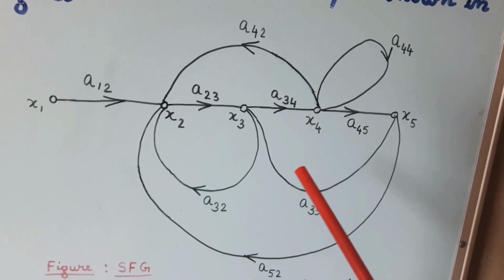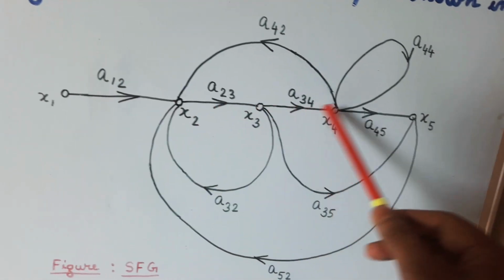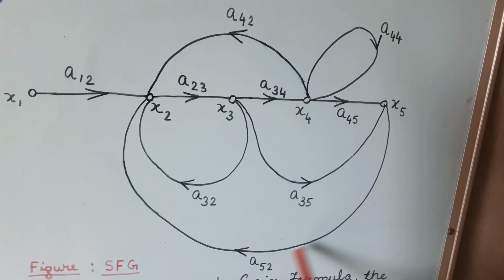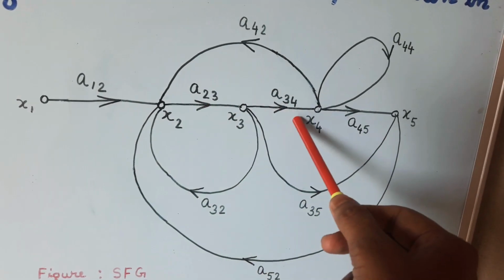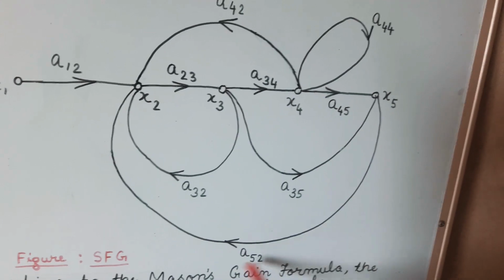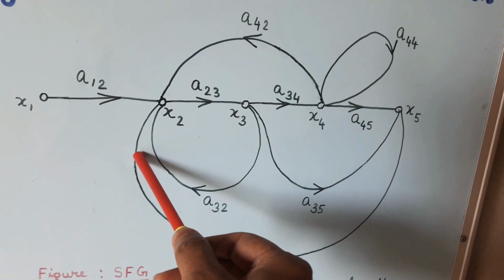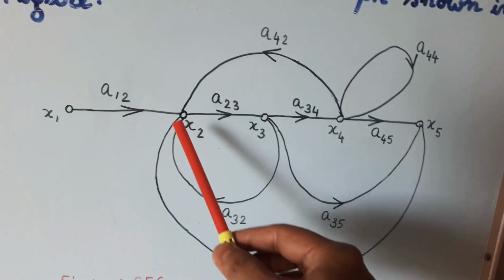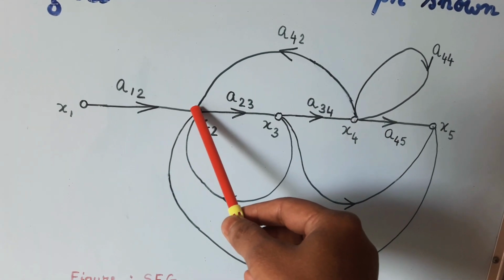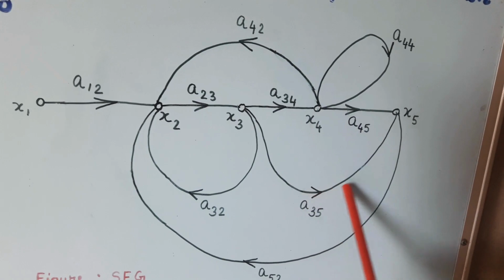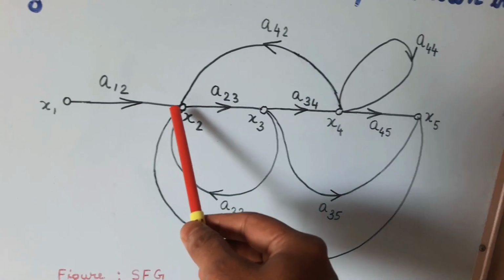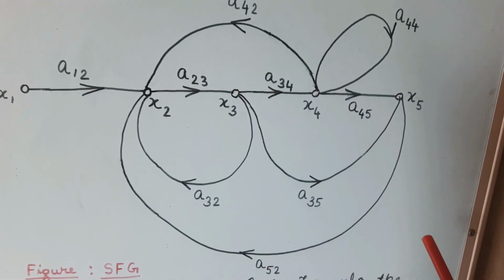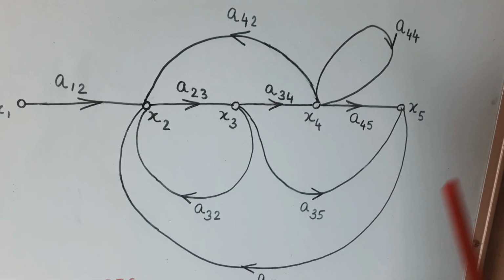Now we find that this is also a loop and the gain of this loop will be equal to A23, A34, A45 and A52. Similarly, there is one more loop, this one. So in this given signal flow graph there are a total of 5 loops.